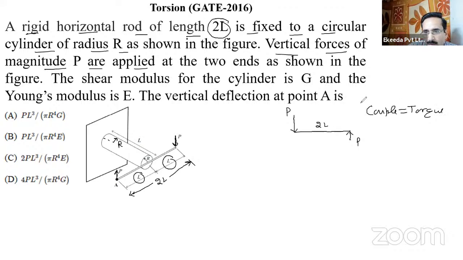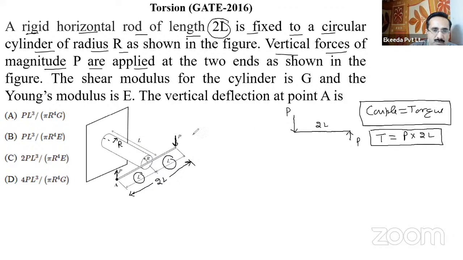So this torque will be equal to P multiplied by 2L, right? You know that it is the load multiplied by the distance. So the torque applied on this shaft will be P into 2L, so this is 2LP.